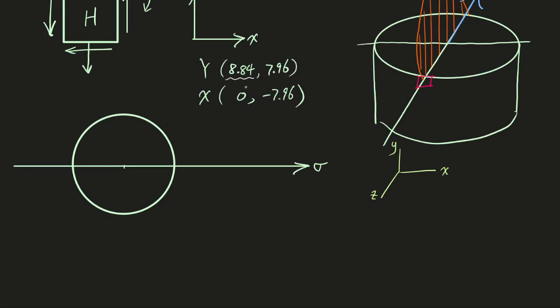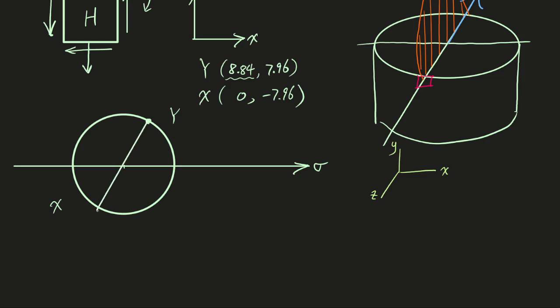The x-coordinate of point Y is greater than the x-coordinate of point X. So Y is somewhere over here, X is somewhere over here. And then the y coordinate of Y is positive, so pick a random location somewhere here roughly.